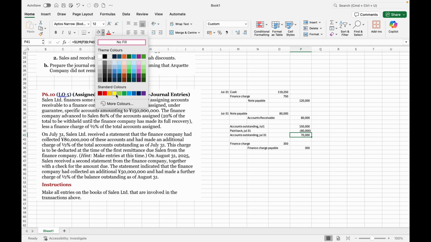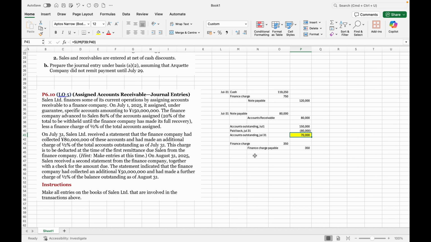Let's highlight this. Now we are done with our July 31st records, and we can go to August 31st. On August 31st, what happened is that the finance company had collected an additional 50K and had made a further charge of 0.5% of the balance outstanding as of August 31st.